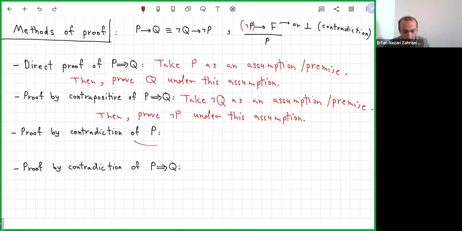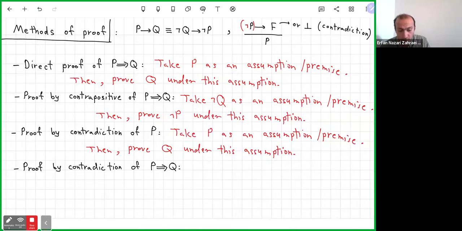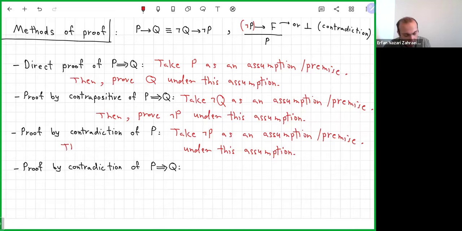So proving P using proof by contradiction is taking not P as your assumption and then getting a contradiction under this assumption. Assume this, then get a contradiction. Then you proved P.